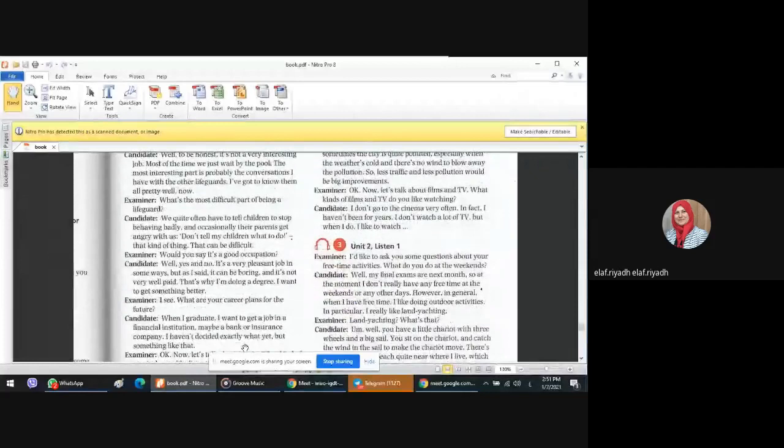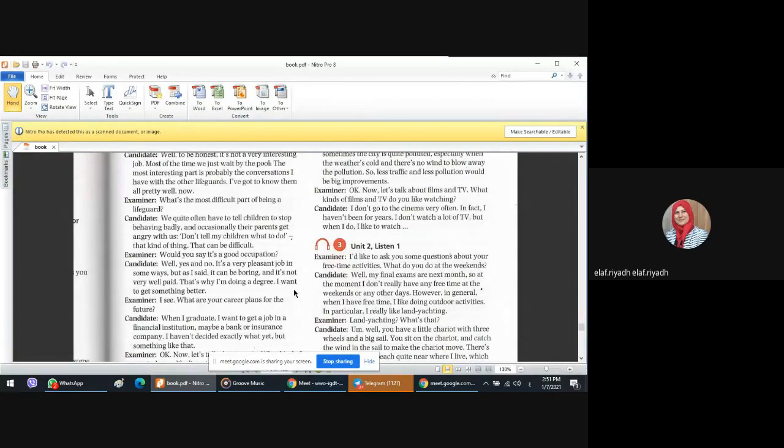What's the most difficult part of being a lifeguard? We quite often have to tell children to stop behaving badly, and occasionally their parents get angry with us. Don't tell my children what to do, that kind of thing. That can be difficult. Would you say it's a good occupation? Well, yes and no. It's a very pleasant job in some ways, but as I said, it can be boring and it's not very well paid.